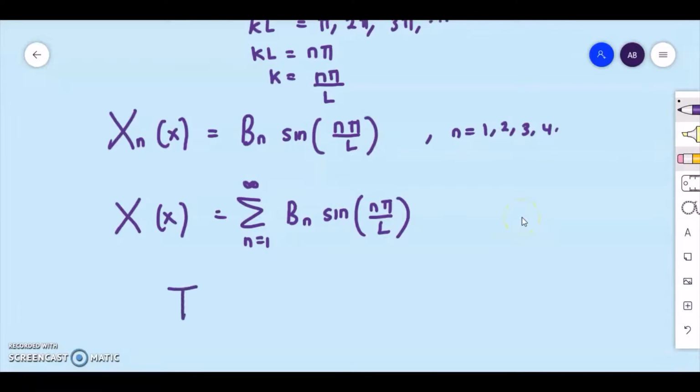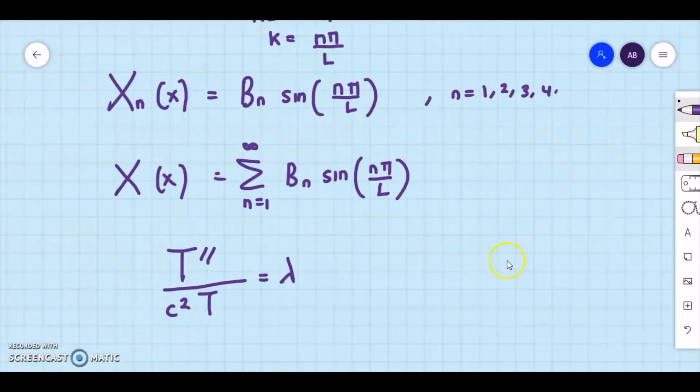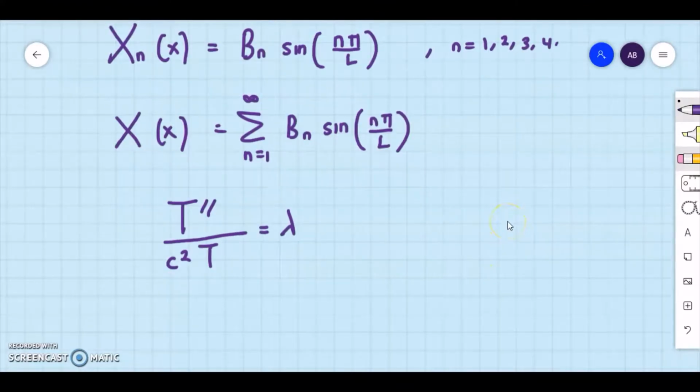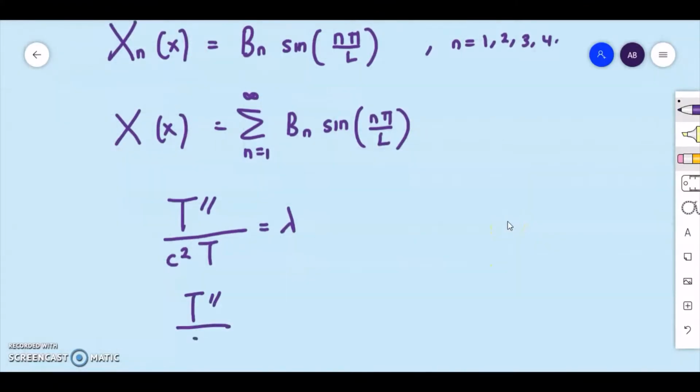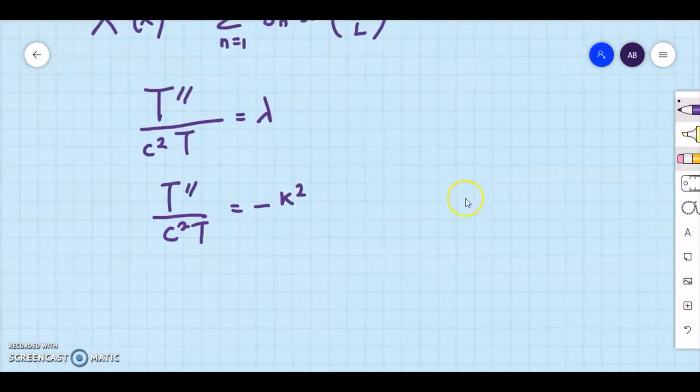So let's look into this equation now. Minus c squared, no, this will be like this. So the t equation earlier on is like this, right? c squared T equals lambda. Now when lambda equals negative kappa squared, let's solve for this one.